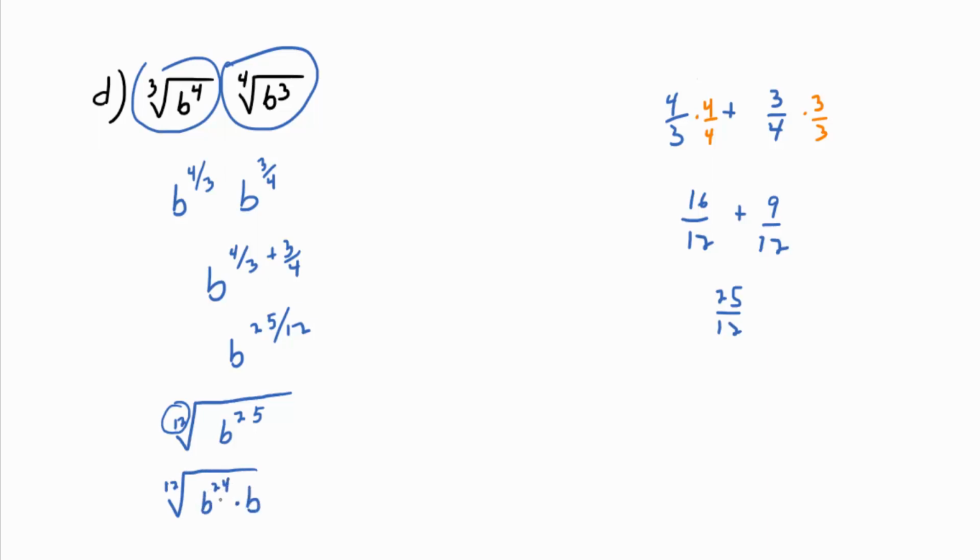B, and then what could you pull out? The 12th root of b to the 24th is b to the 24 over 12. It's b squared. So as a final answer, what could you write? B squared times the 12th root of b.